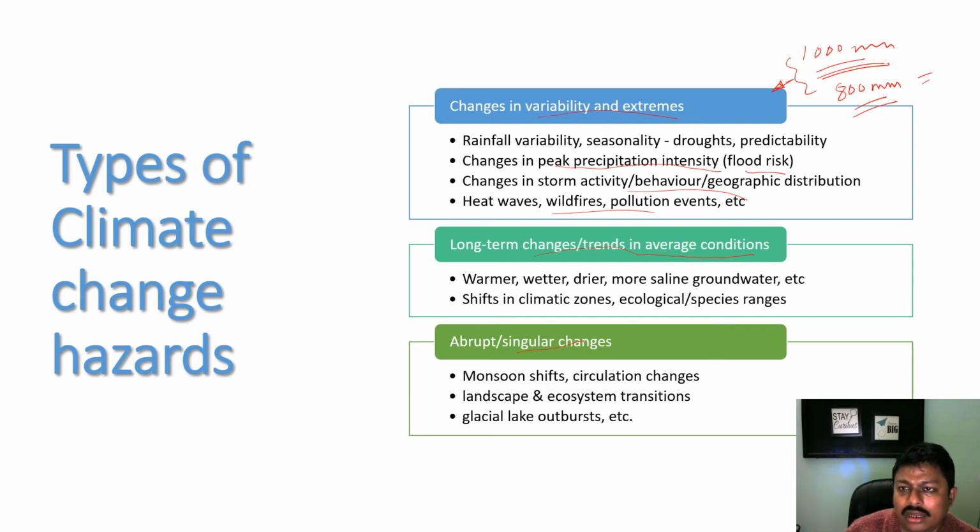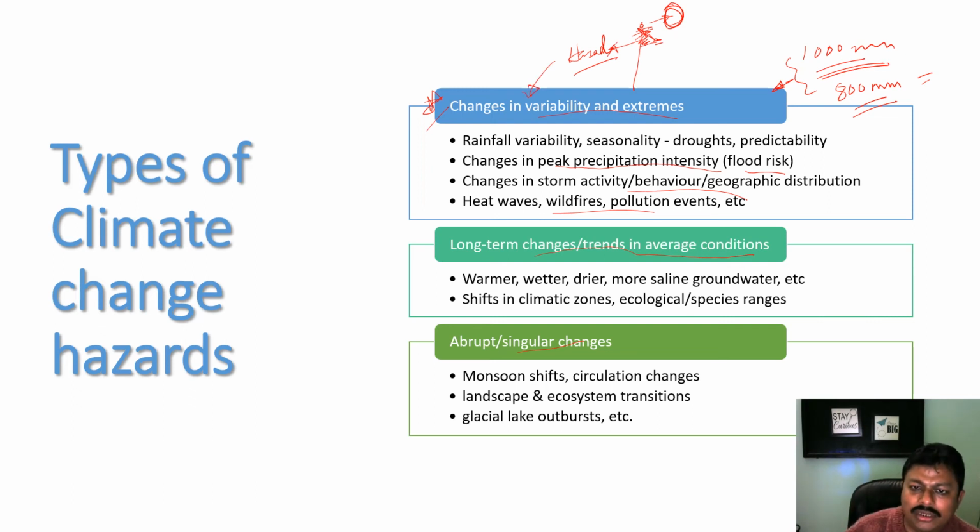The effect of this change can be classified under this type of hazard. Some extreme event happens due to a certain level of cause, but suddenly the same extreme event is happening due to a lesser intense event also. So that is your change, and these hazards come under this.